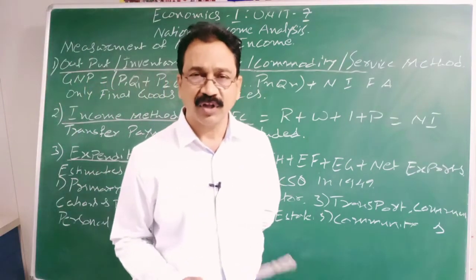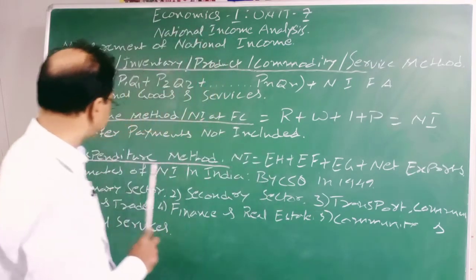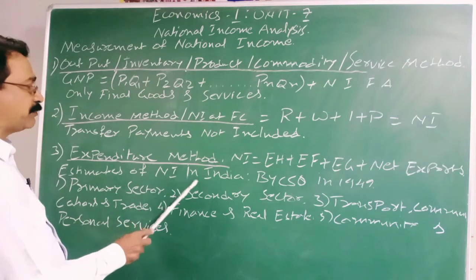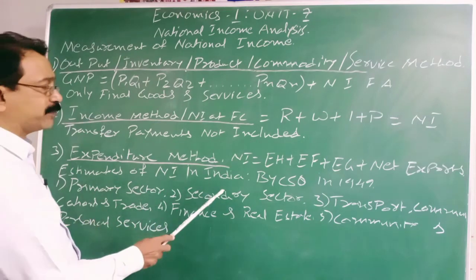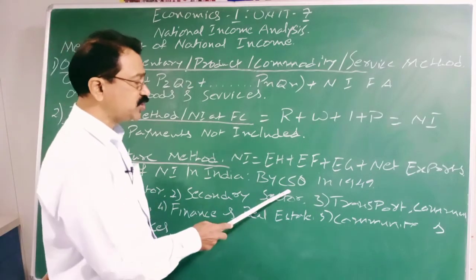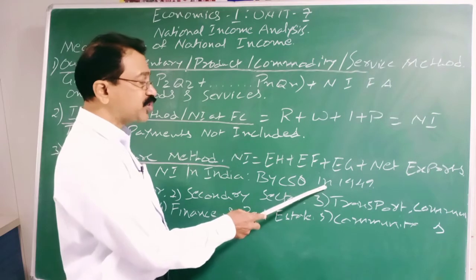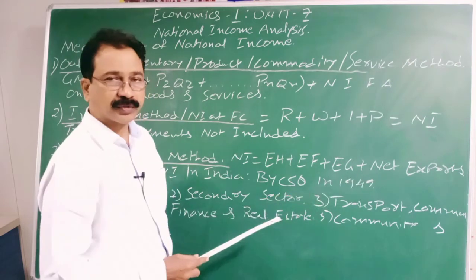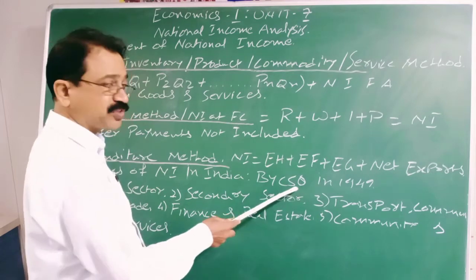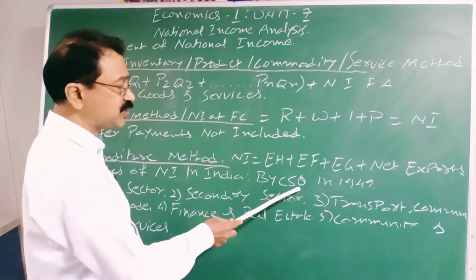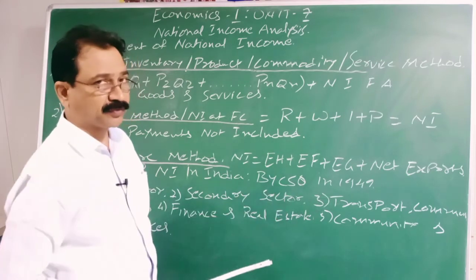The last topic of national income is estimates of national income in India. How will the estimation happen? It will be done by the CSO, the Central Statistical Organization, and we started from 1949.